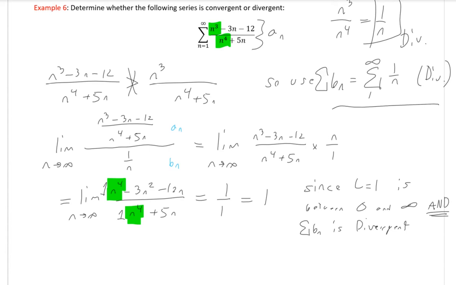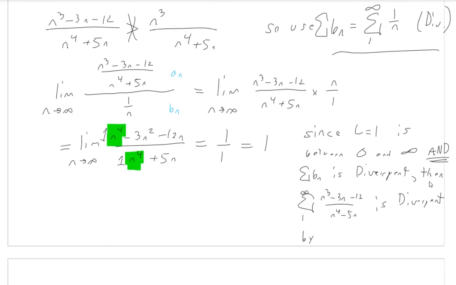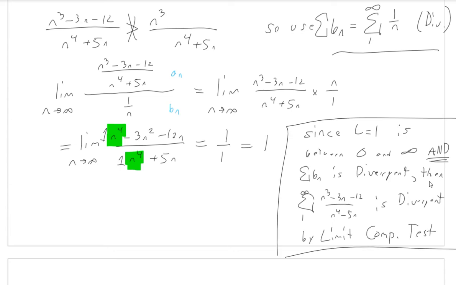That's the summation of b sub n. Then that means we know that the sum of 1 to infinity of n cubed minus 3n minus 12 over n to the fourth minus 5n is divergent. And we also want to say by the limit comparison test. So we showed here that it was divergent.